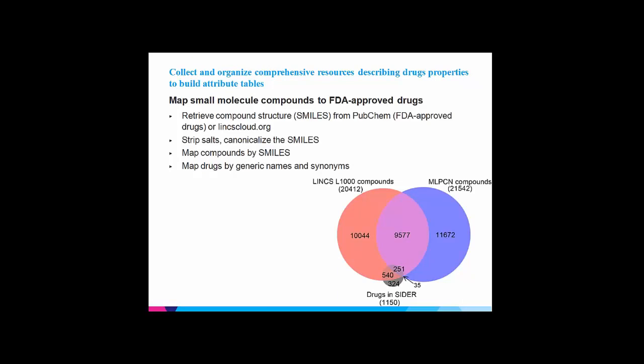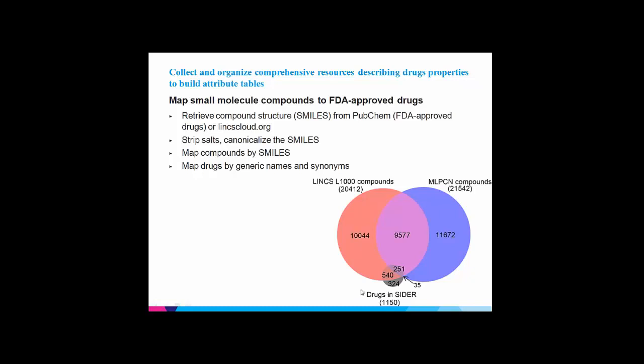The next step is to map the compounds used in those different projects to FDA-approved drugs recorded in the side effect resource called SIDER. The way we mapped those drugs was by their chemical structure encoded by SMILES strings, following those procedures.